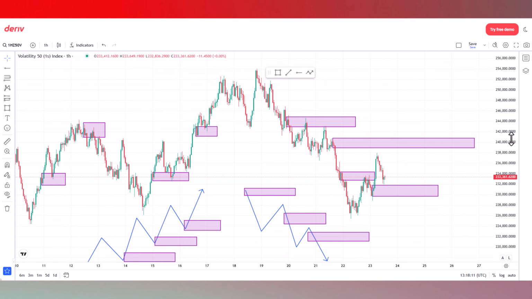If you go to the lower time frame from here, you are going to see that inside this H1 order block, you are going to look for a refined M5 order block. If you find that refined M5 order block, you are going to use it to set your limits. So what does it mean?